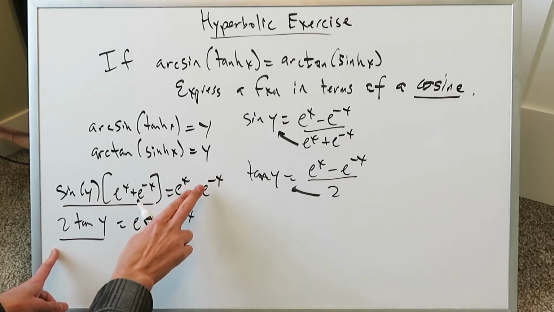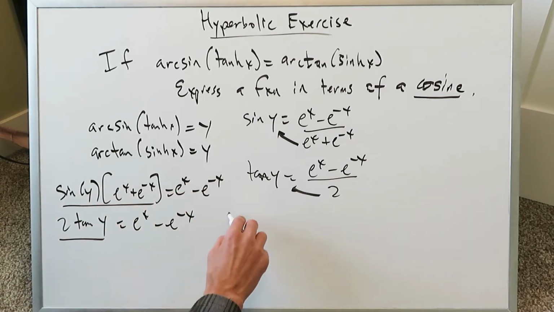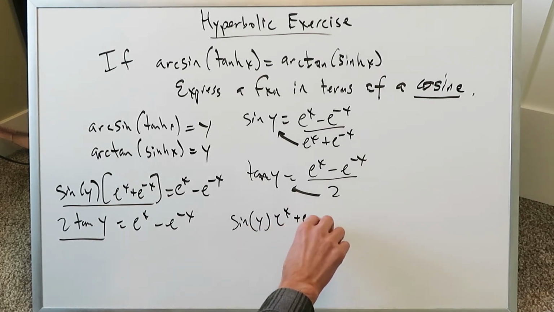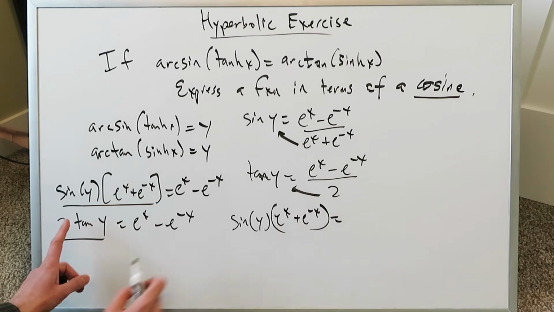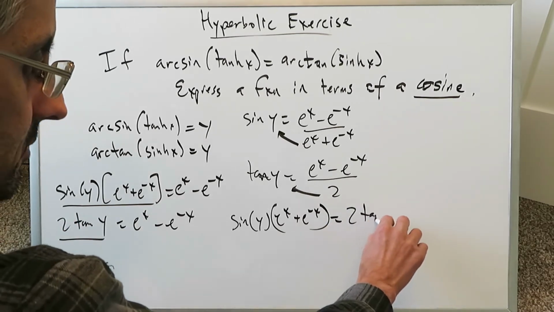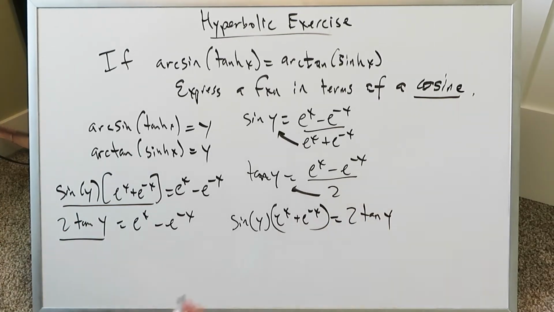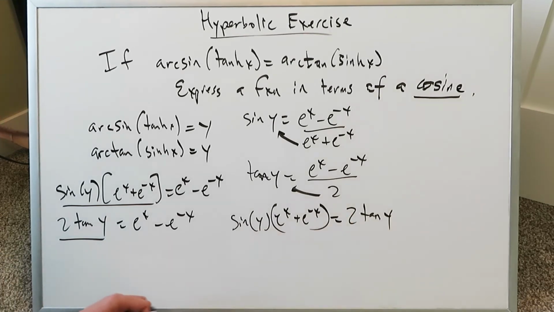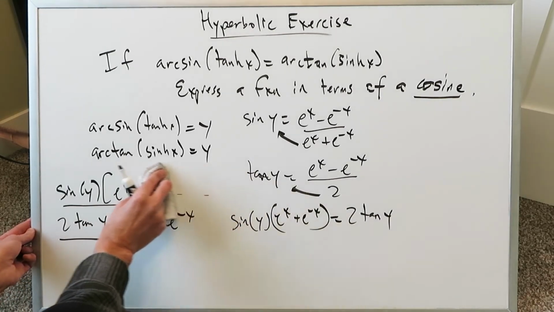Because they're both equal to the same thing, you can make them equal to each other. You have sine of y times e to the x plus e to the minus x is equal to 2 tan y. Now what you can do is bring the 2 on one side and bring the sine y on the other side. I'm erasing this for space because you've seen this.